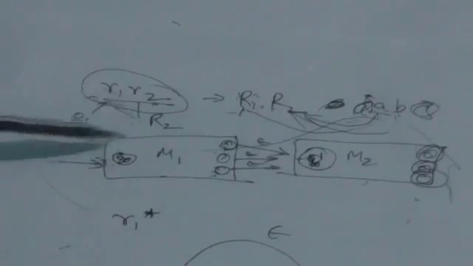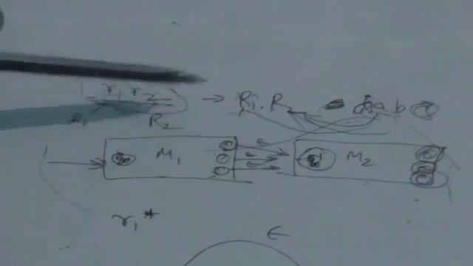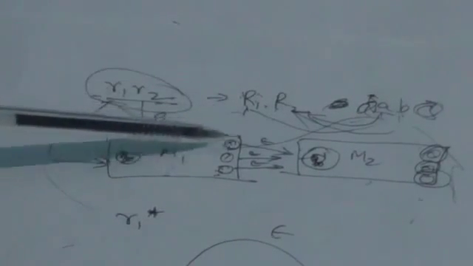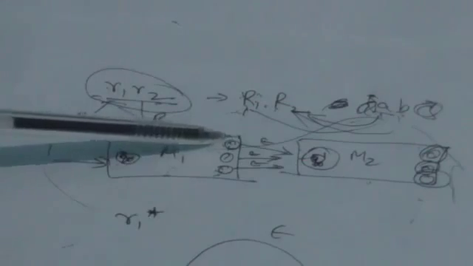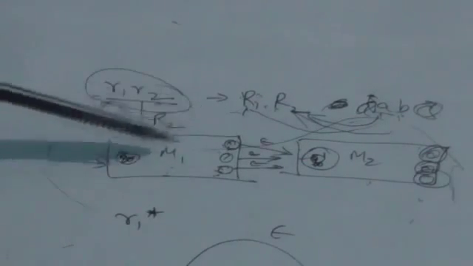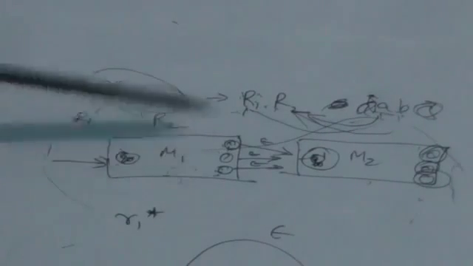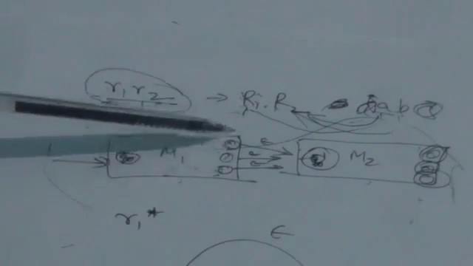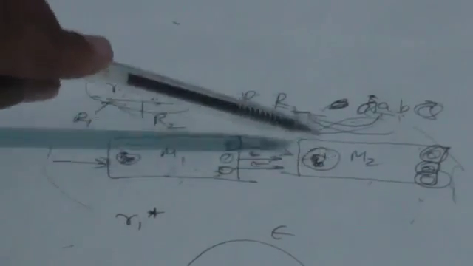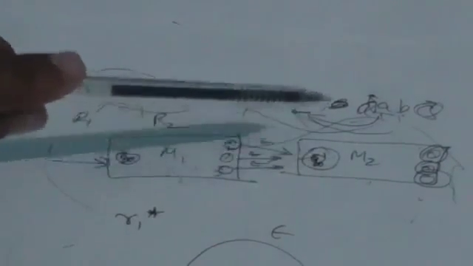Its initial state will be the initial state of M1. Now make all final states of M1 non-final and add empty transition from these non-final states, which were the final states of M1, to the initial state of M2, right?